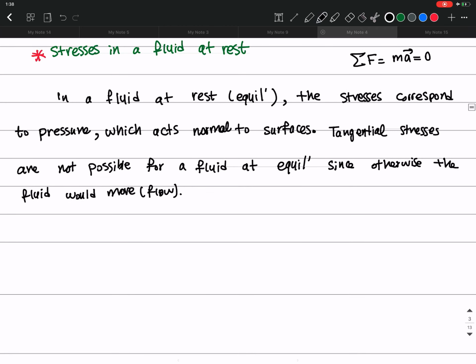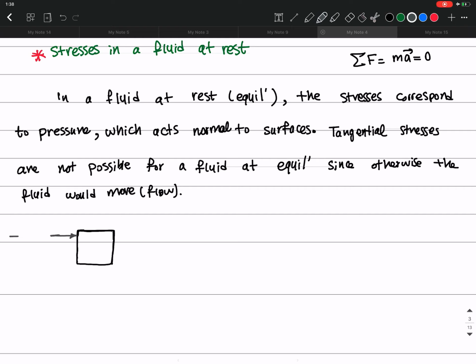So let's see why. Say you have a fluid particle and then you impose a tangential stress to this.